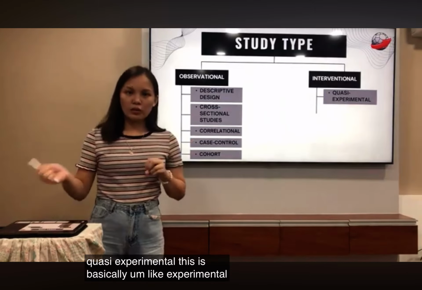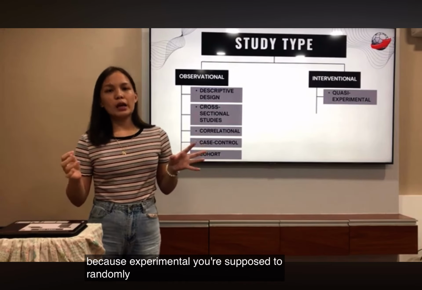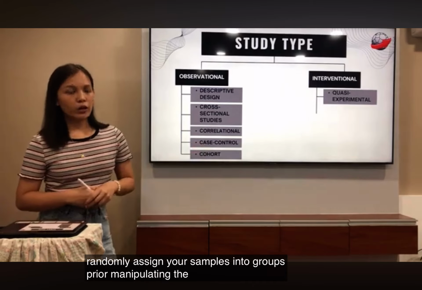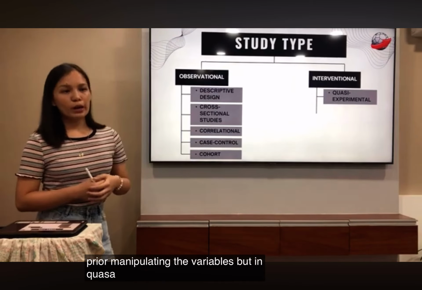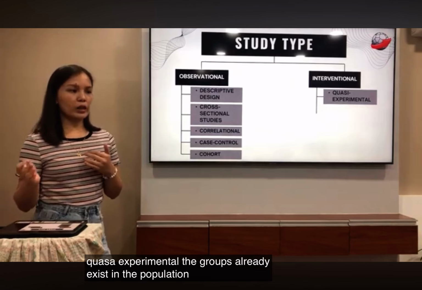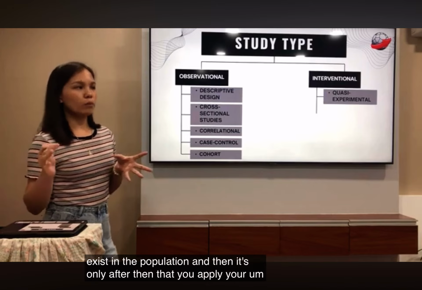like experimental studies, because in experimental, you're supposed to randomly assign your samples into groups prior to manipulating the variables, but in quasi-experimental, the groups already exist in the population, and it's only after then that you apply your intervention.